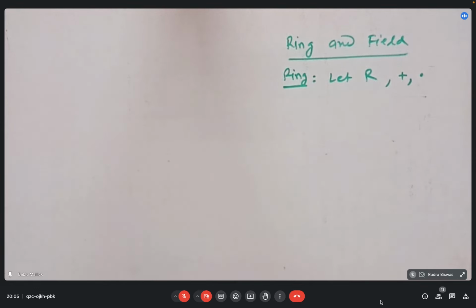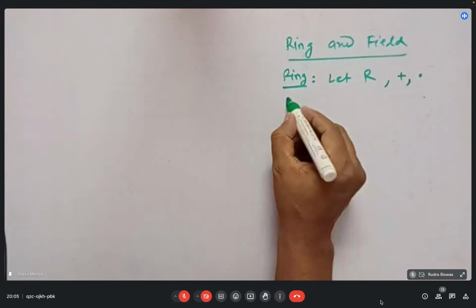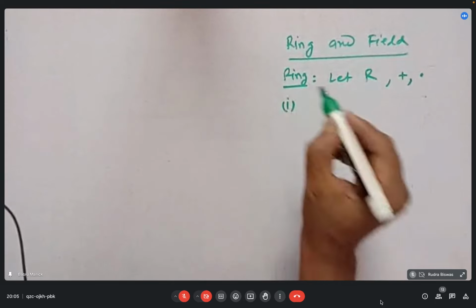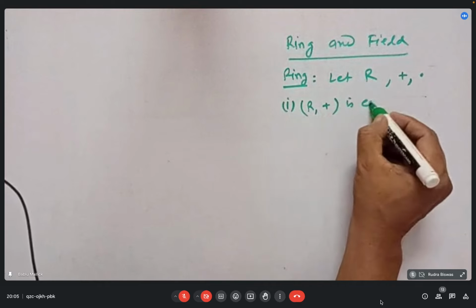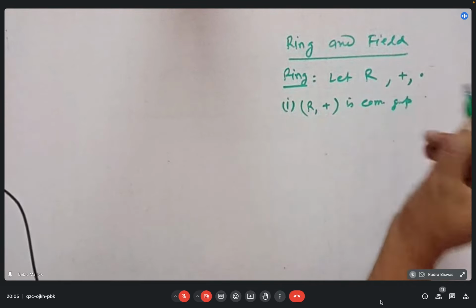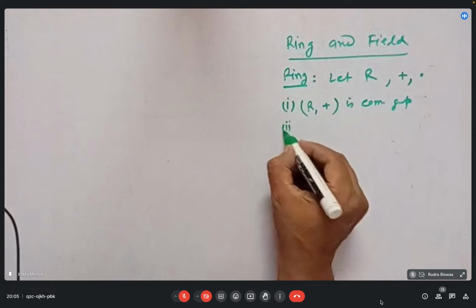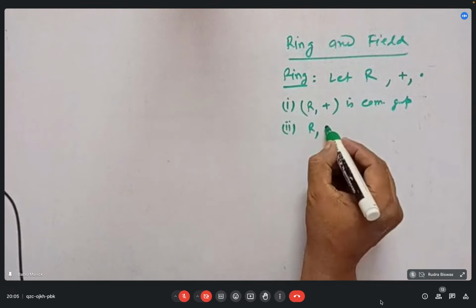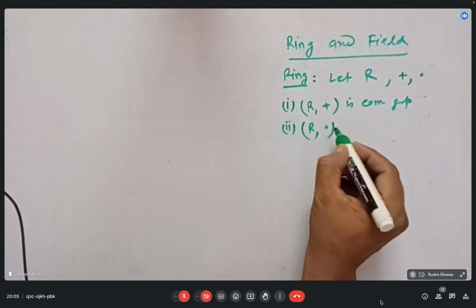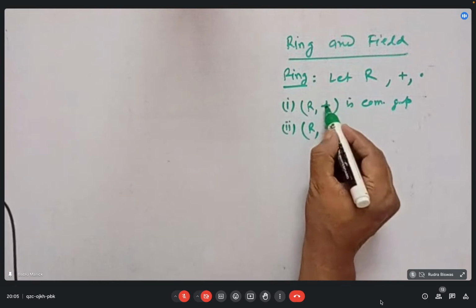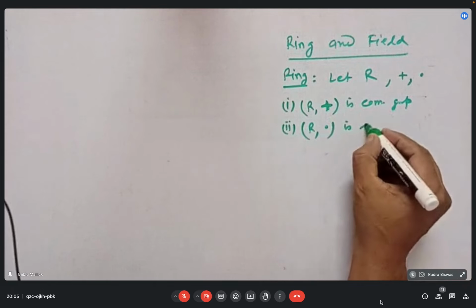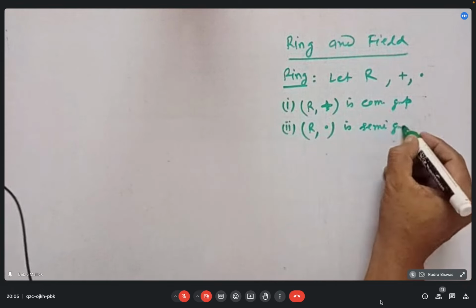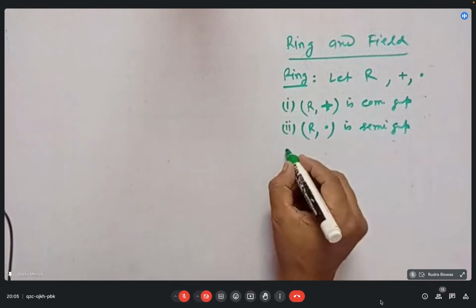Number one, R comma plus is a commutative group. Number two, R comma dot is a semigroup. Dot is the second operation and plus is the first operation.